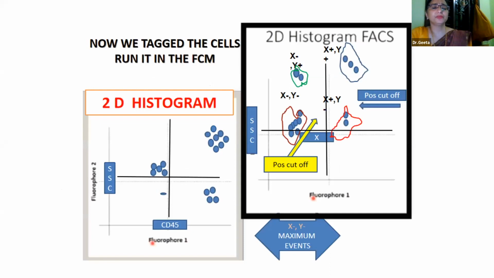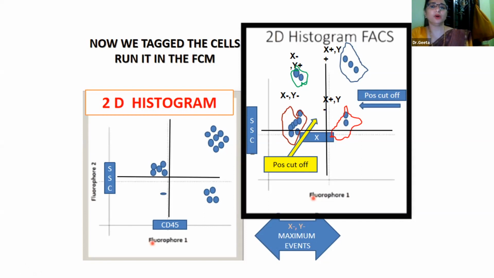We move on. Now we apply a single antibody, CD45, and compare it with the side scatter properties of each of these cells. As we see, this population of cells has a very high CD45 and a very high side scatter also. This highest side scatter is probably for neutrophils. So possibly this is a neutrophilic cell population.